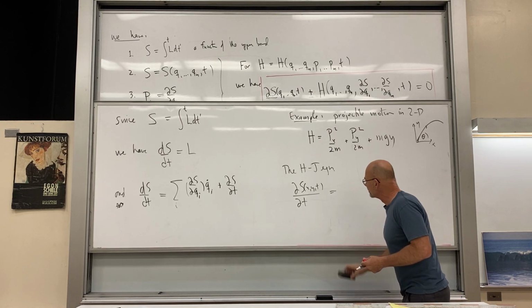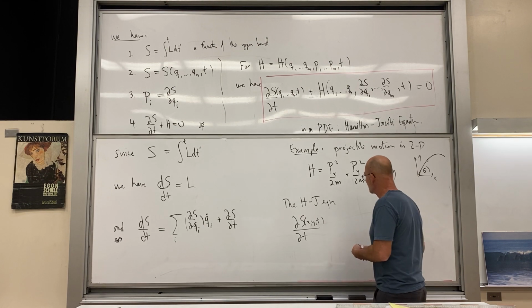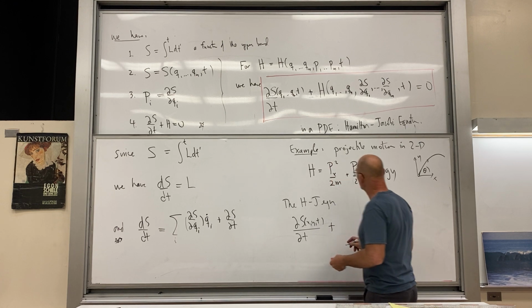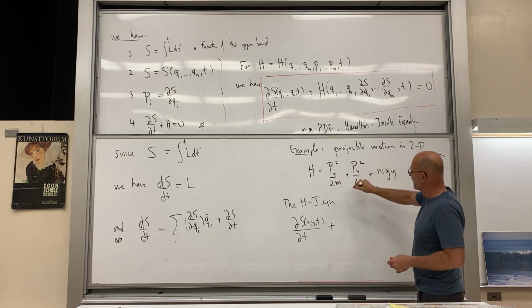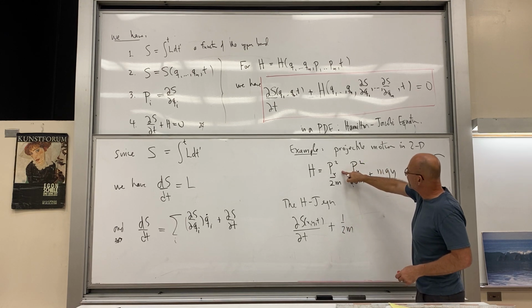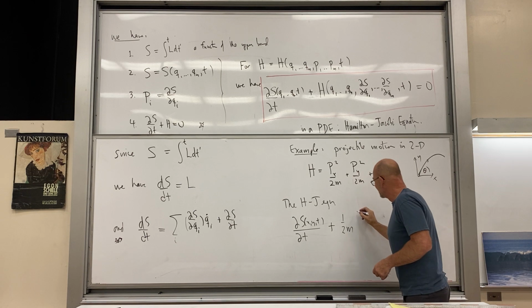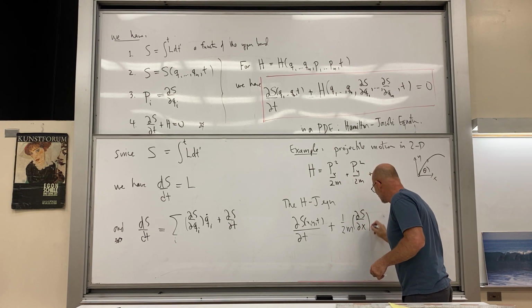So we would have dS of x, y, and t, dt plus this H equals 0. But now what is this H? We would have 1 over 2m, and then the piece of x is the dS dx. That would be squared.